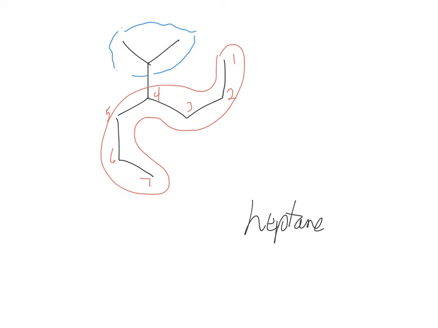So what do we call that substituent? It's a 3-carbon group, right? And this means what it's attached to. We call that an isopropyl. So this 3-carbon piece is an isopropyl group. So how do we name it?